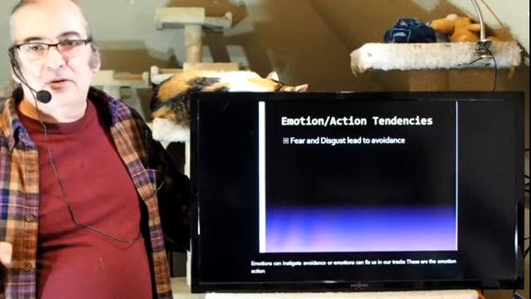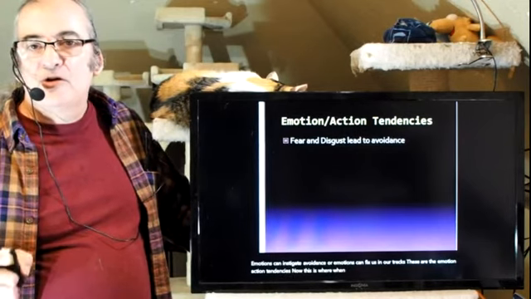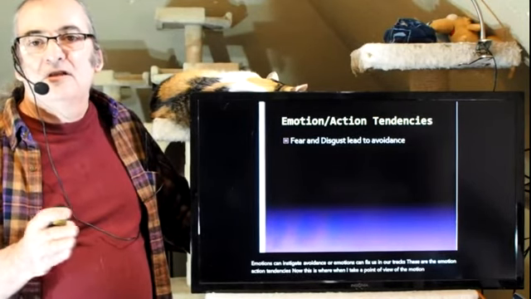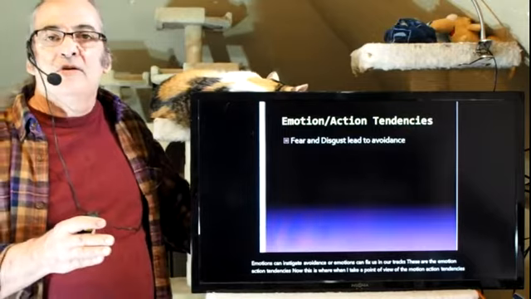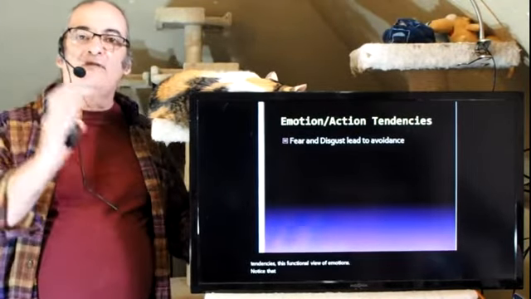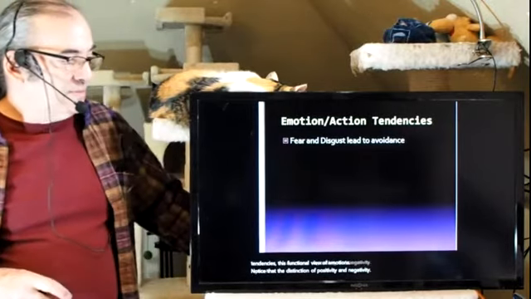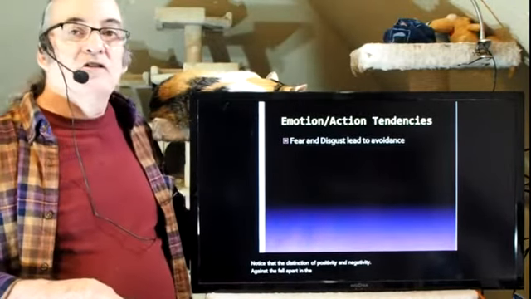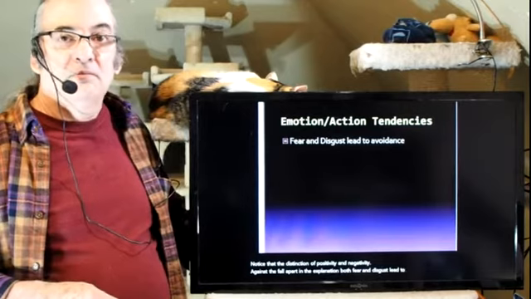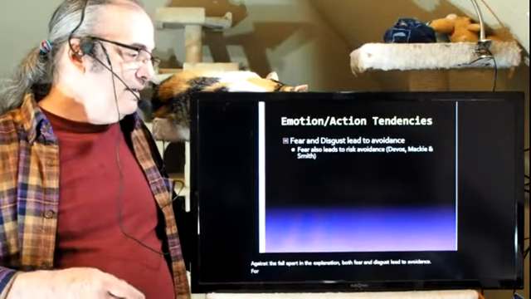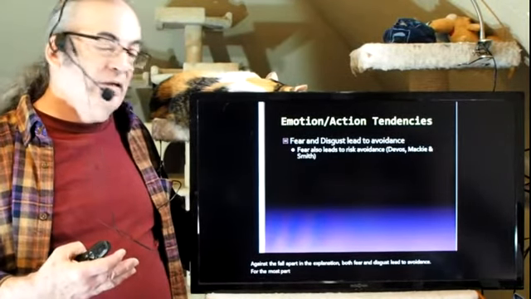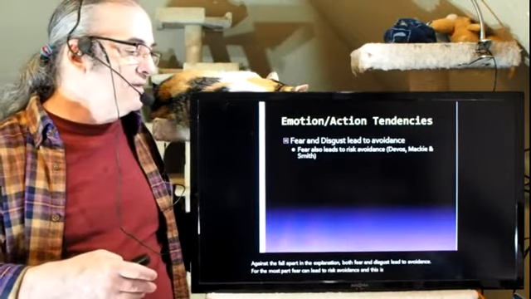Now, this is where, when I take a point of view of emotion action tendencies, this functional view of emotions, notice that the distinction of positivity and negativity begins to fall apart in the explanation. Both fear and disgust lead to avoidance, for the most part. Fear can lead to risk avoidance, and this is where the hypothesis testing comes in.